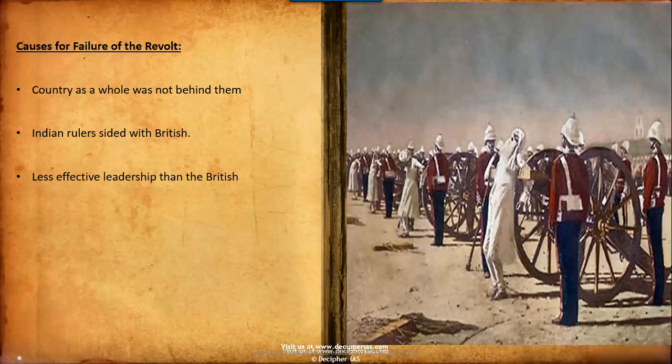Some of them, like Man Singh, who actually made the capture of Tatya Tope possible, changed sides several times during this rebellion, solely depending on which side had the upper hand at the moment. So this was the state of our leadership at that time.